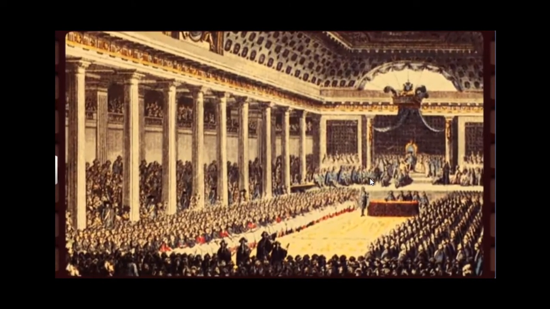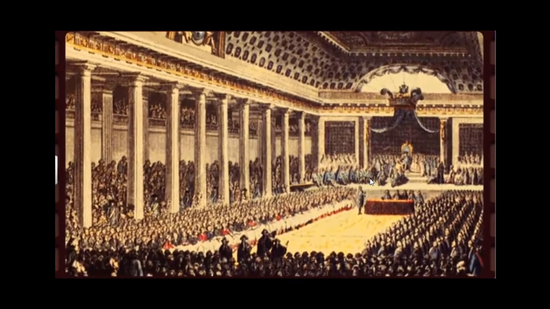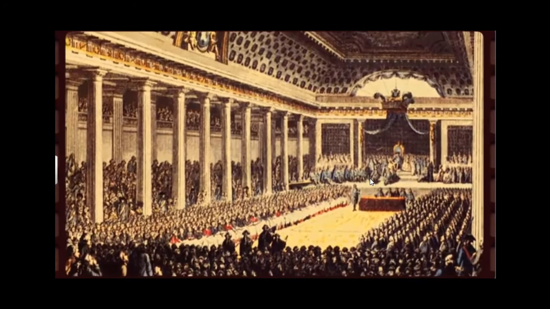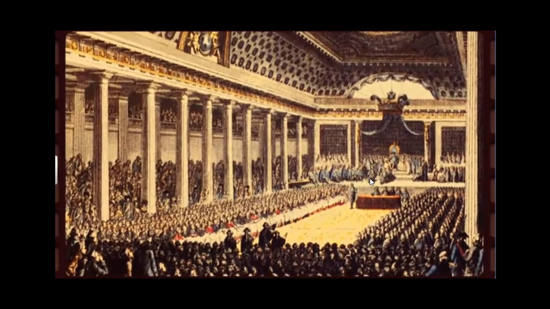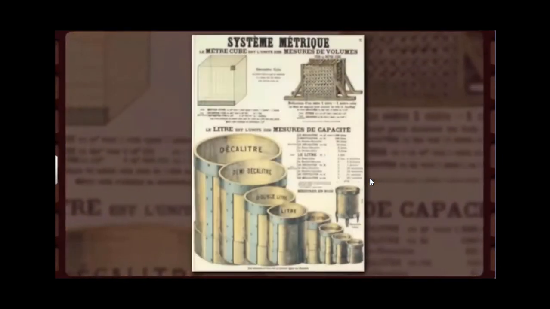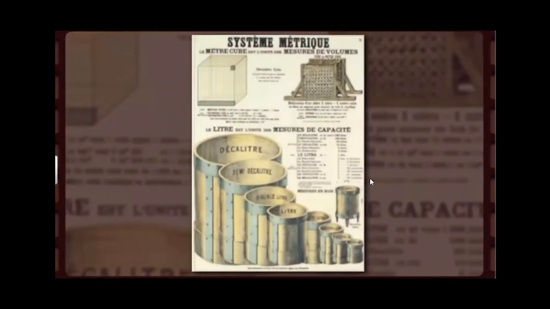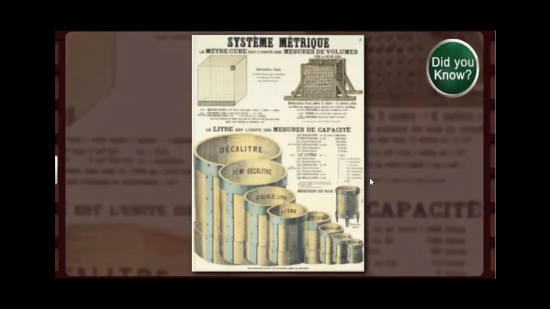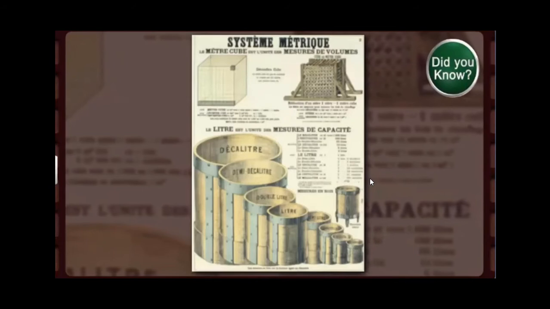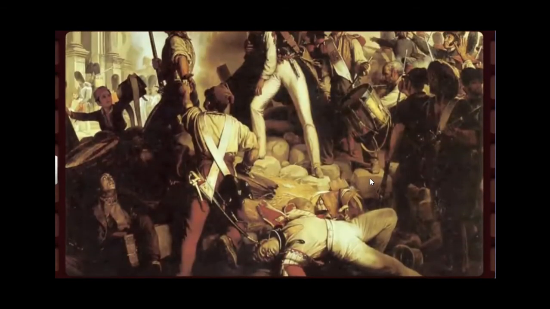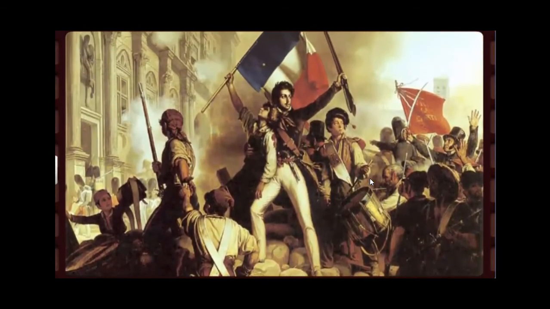A centralized administrative system was put in place and it formulated uniform laws for all citizens within its territory. Internal custom duties and dues were abolished and a uniform system of weights and measures was adopted. Dear students, did you know the metric system that we follow today was adopted in 1791 in France?